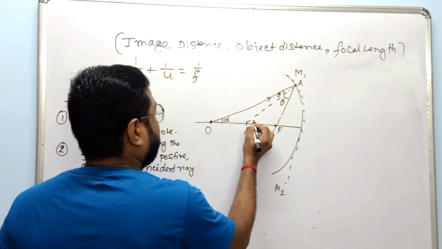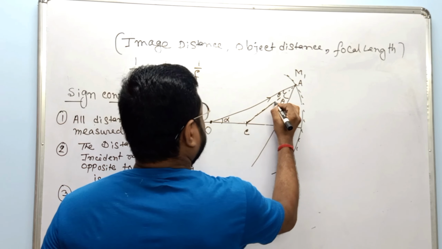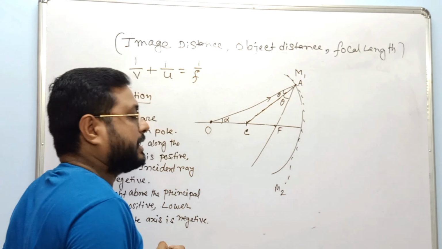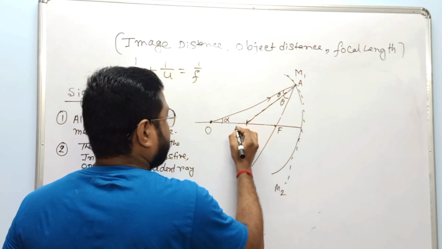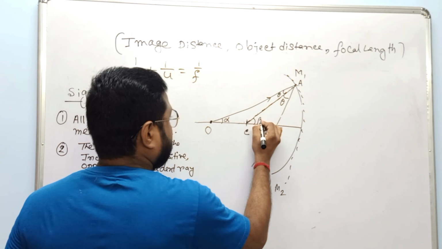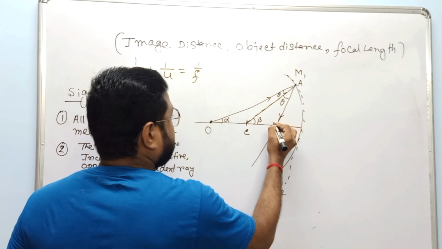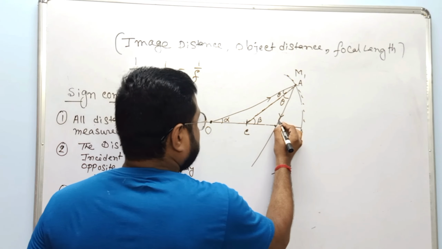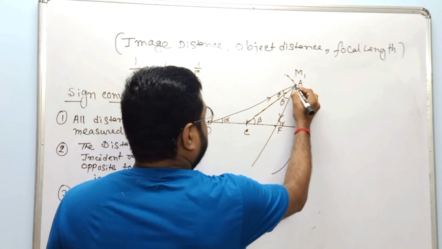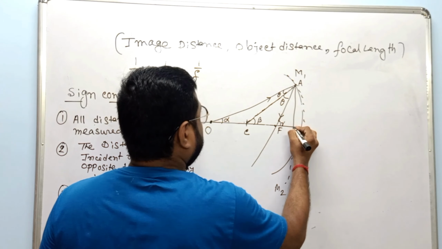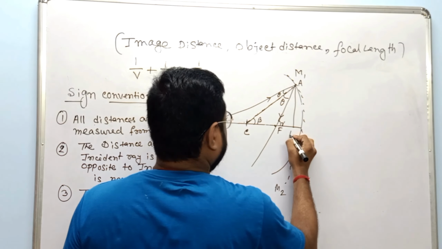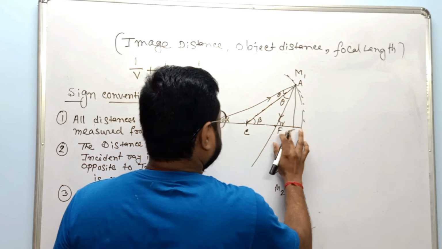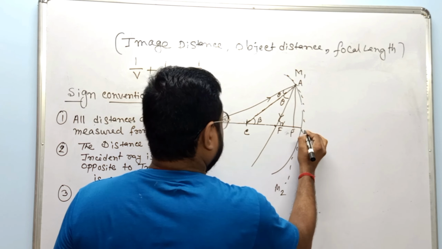This angle is alpha. The angle made by the radius of curvature and the principal axis is beta, and this angle, that is the reflected ray and the principal axis, is gamma. We can draw a perpendicular from A to the principal axis, which is known as, suppose, P dash, and P is the pole.